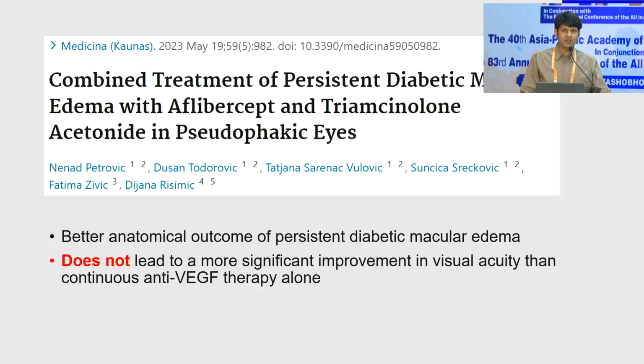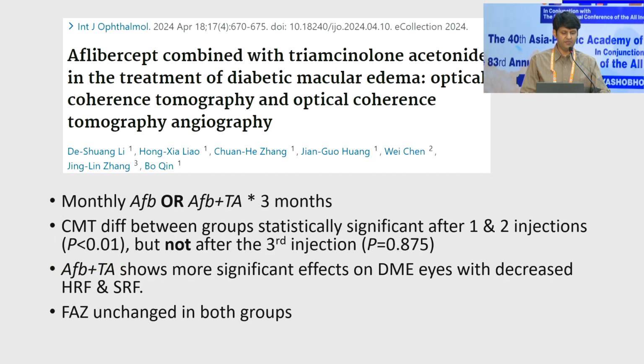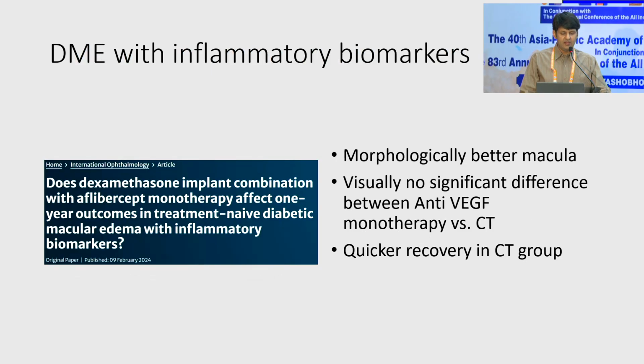The same with a combination of another anti-VEGF like aflibercept and triamcinolone acetonide. Again, the OCTs look better, but the vision is not very good. What about the inflammatory biomarkers? I think Dr. Saurabh has mentioned it. Morphologically, when we see on the OCT if there are HRDs or sensorineural detachments, substituting a steroid in these instances definitely helps to make the macula look a lot better.